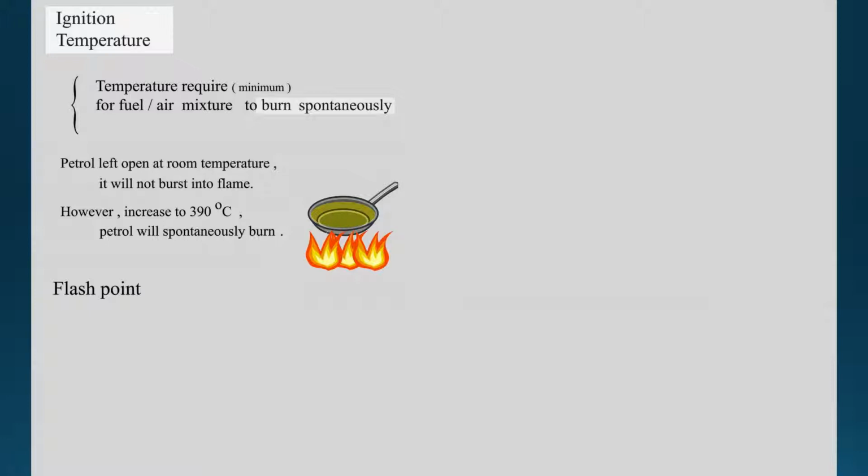Petrol is not easily burned. So don't think of petrol as so dangerous that you will burn so easily. No, petrol does not burn easily. So even if you see petrol very, very hot, 100-degree hot petrol, it doesn't burn. It won't burst into flame. No.